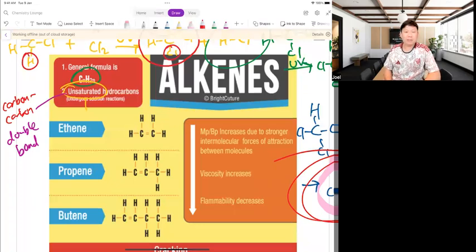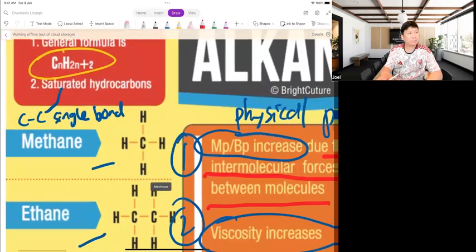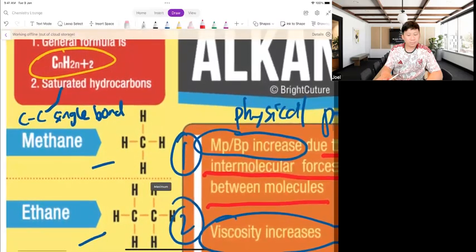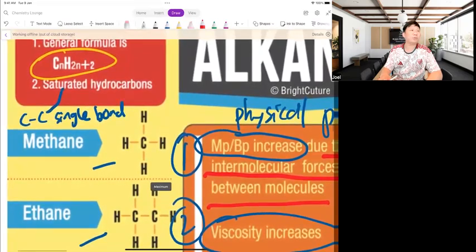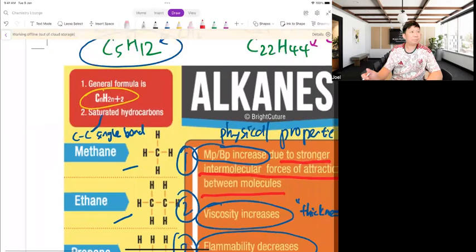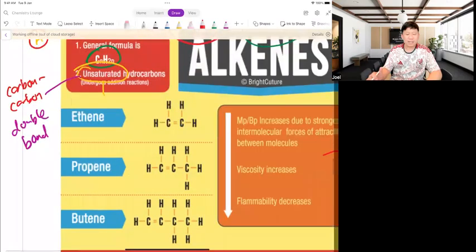A carbon double bond needs a minimum of 2 carbons, right? So the first one is called ethene.